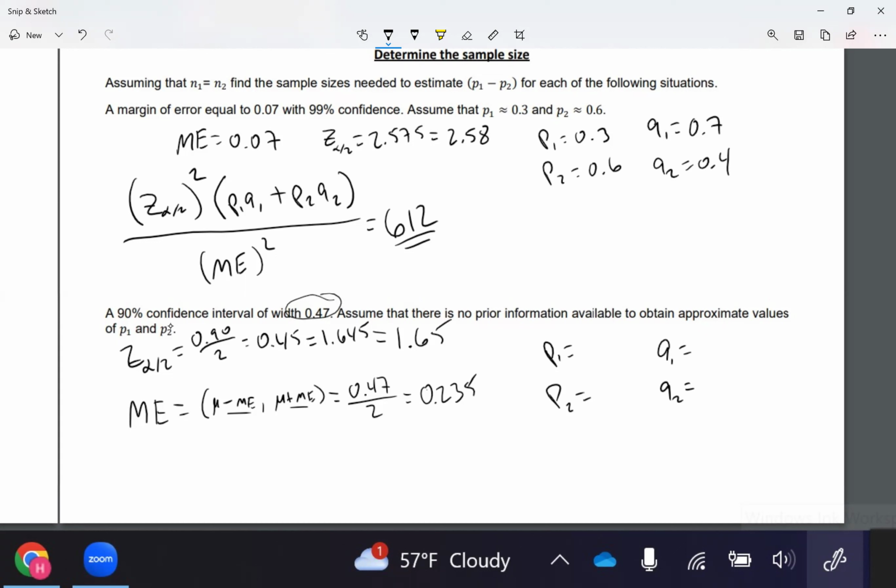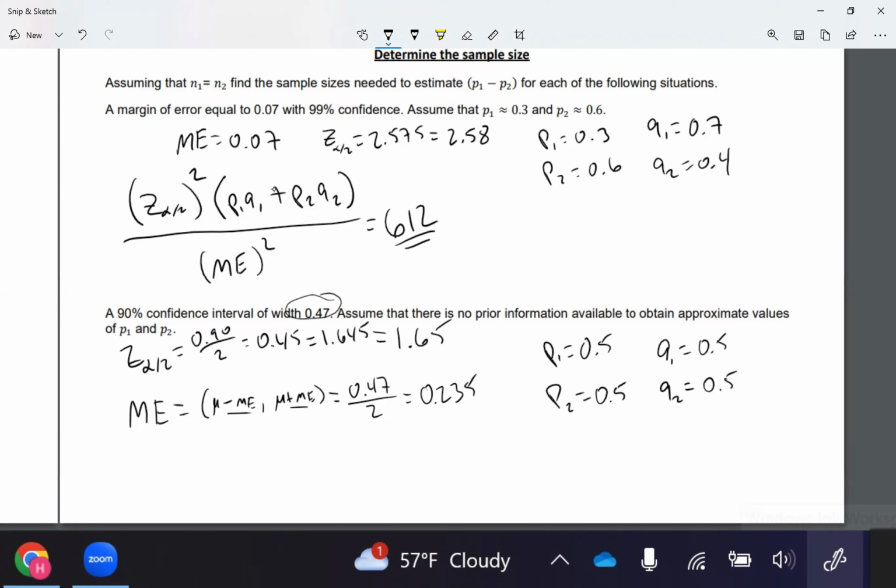So we're going to use a conservative approximation. I'm going to assume that my P1 is 0.5 and my P2 is 0.5. I'm going to be right in the middle. For my Q1, I go 1 minus P, so I get 0.5 as well, and for my Q2, I get 0.5 as well.